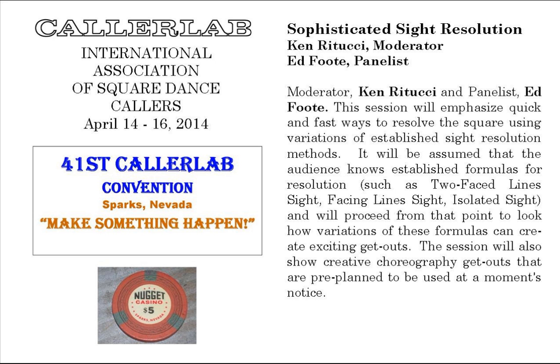Everybody has a normal couple. And then what would the next call be after the star through? That'll give us two face lines, left-handed, with the boys in the middle. It might be a couple circulate. It might be a bend the line.